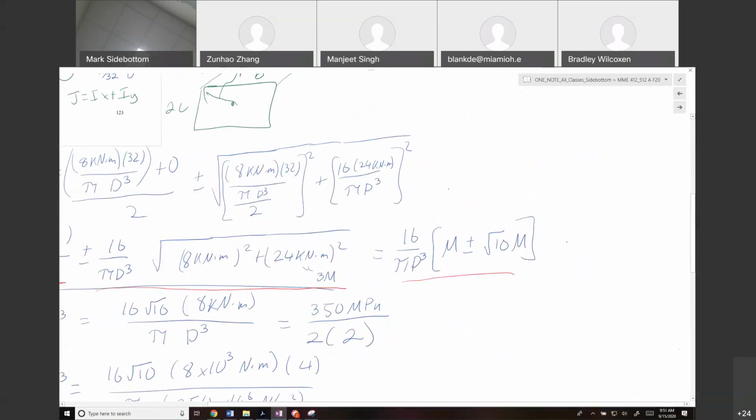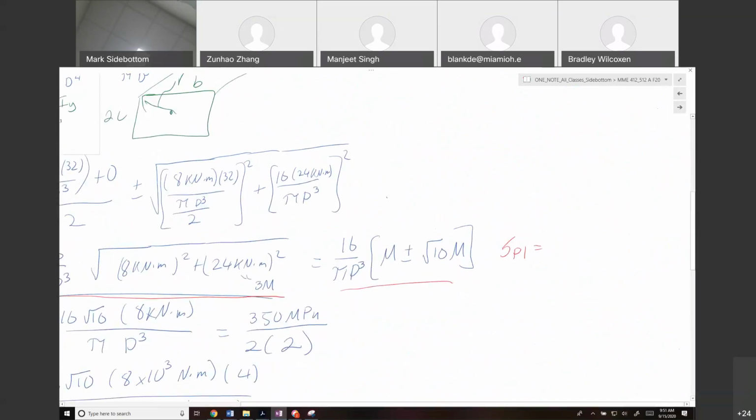So in this case, our three principal stresses are: sigma p1, which is equal to 16 over pi diameter cubed times the moment plus radical 10 times the moment. Our second principal stress is going to be 0, and then our third principal stress is going to be equal to 16 over pi diameter cubed times the moment minus radical 10 times the moment.